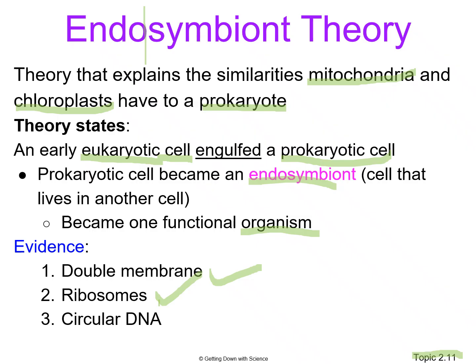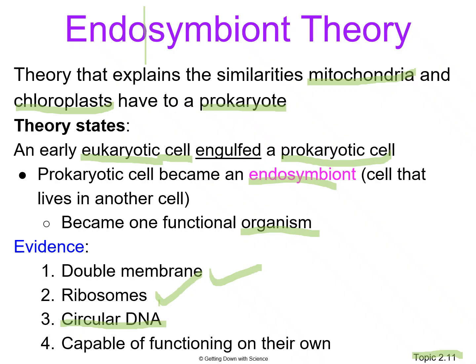Also, the mitochondria and the chloroplast contain genetic information in the form of circular DNA. You know what also has circular DNA? Prokaryotes.